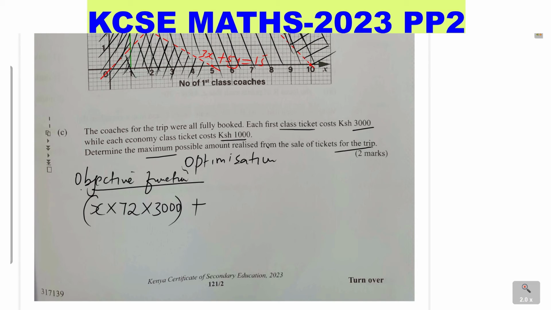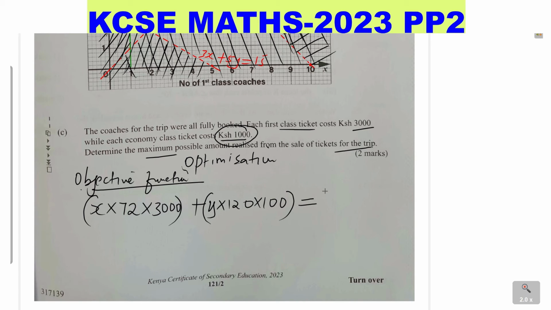Plus, for the economy class, we have Y number of coaches. Each coach carries 120 passengers. Each passenger pays 1,000. So that represents the total amount realized for all the coaches, first class and economy. This is what we call the objective function.